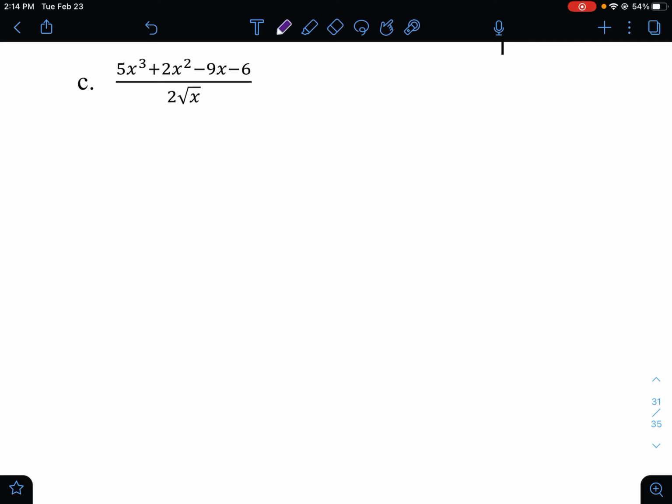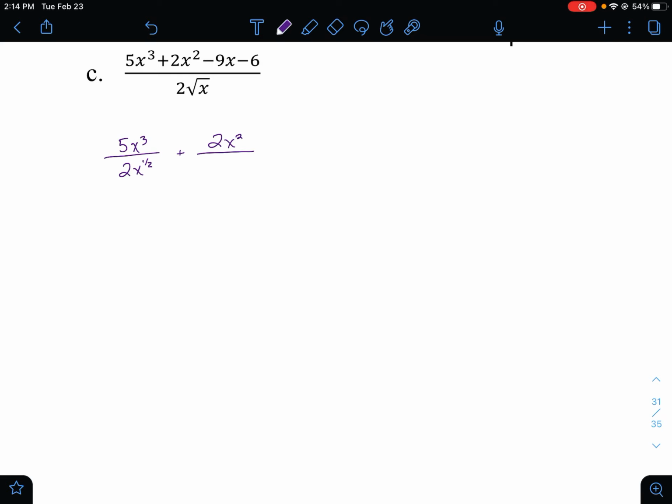So this is going to be 5x cubed all over 2x to the 1/2 power plus 2x squared over 2x to the 1/2 power minus 9x over 2x to the 1/2 power minus 6 over 2x to the 1/2 power.